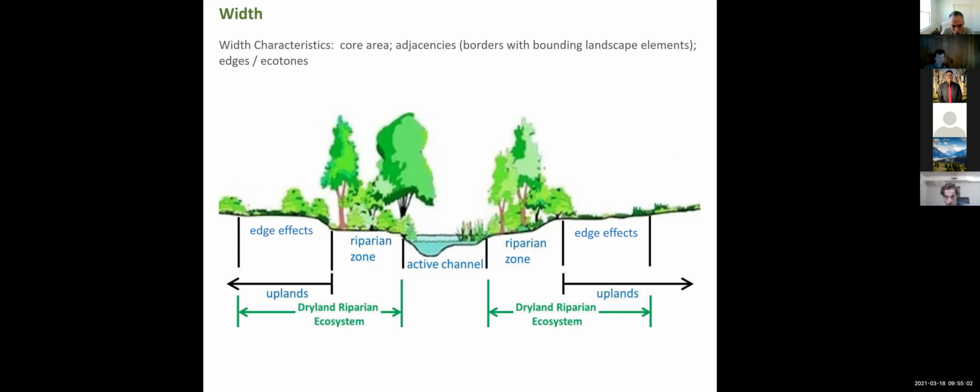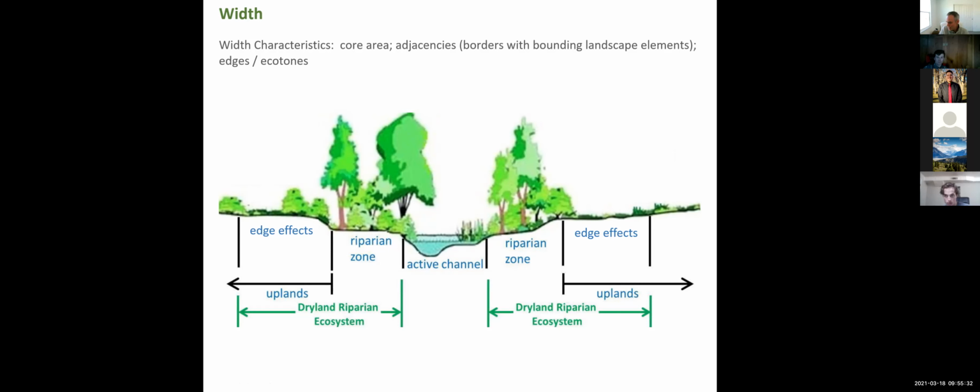So in this case, we have an active stream channel in the center, and then we have a riparian zone on either edge, which is that habitat that directly buffers that body of water. And then we have edges to those riparian zones where edge effects are going to be prevalent from whatever the mosaic is around that, or rather the matrix around that riparian corridor.